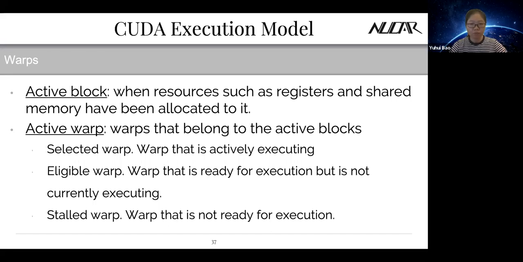For the active warp, it can be a selected warp which is running, an eligible warp which is ready for execution but not currently running, or a stalled warp, which is waiting for resources and is not ready for execution.